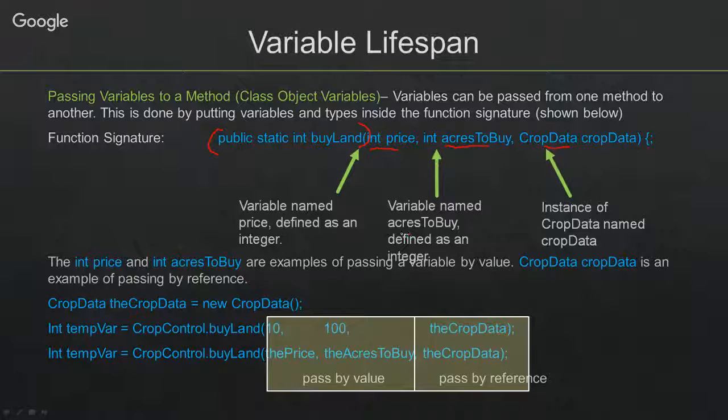Same thing with acres to buy, which is also an integer. And we can call in an instance of crop data. So the int price and int acres to buy are examples of passing a variable by value. Crop data is passing by reference. So let's say, for example, 10 was price and 100 was acres to buy, and this would be passing by the reference.